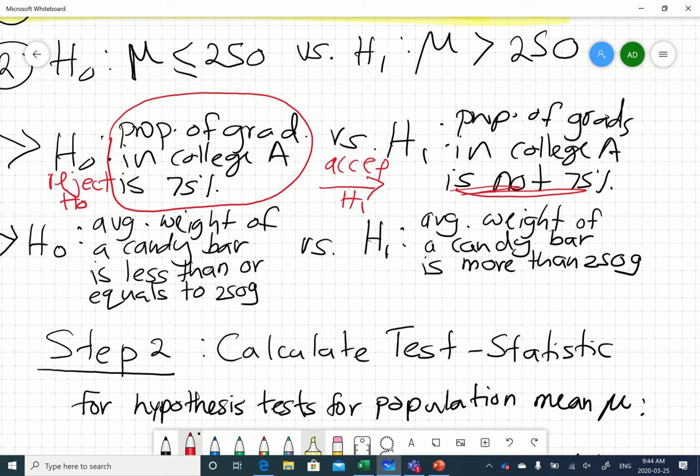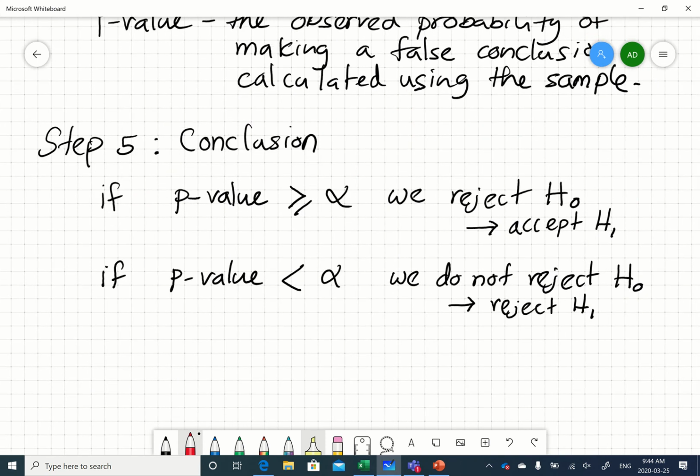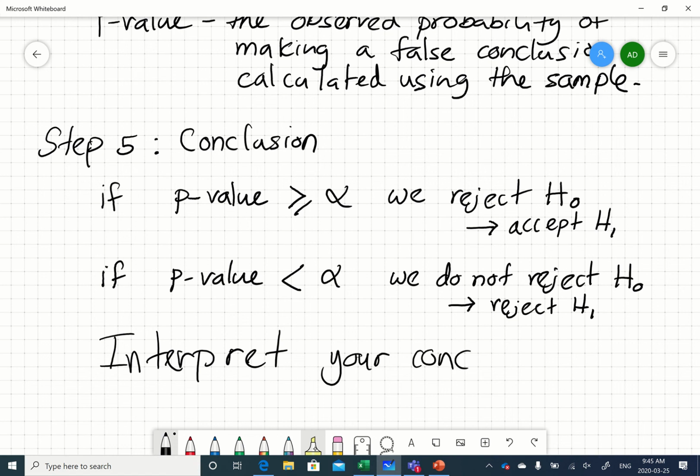That real life explanation is a must. You cannot stop your hypothesis test by simply saying we reject H naught. You have to explain what it means according to your question. So that would be the complete test. You have to interpret your conclusion. That's the proper end to a hypothesis test.